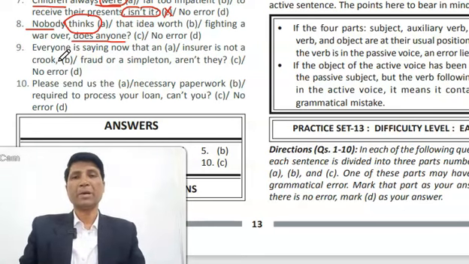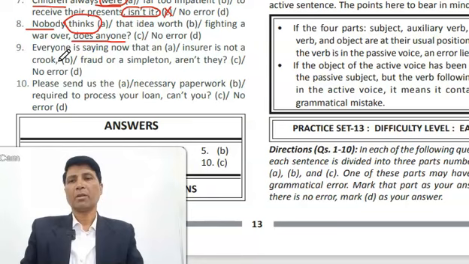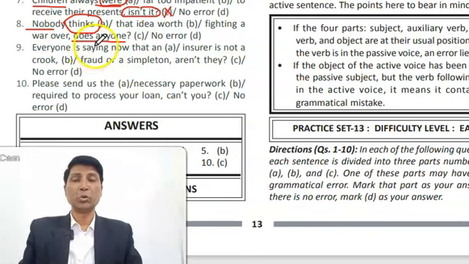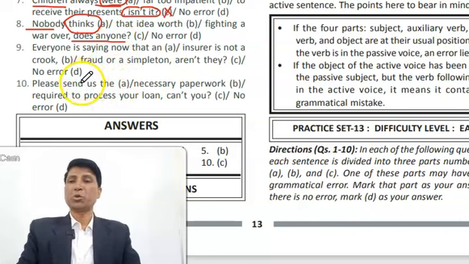And in my conceptual class I have already explained that if the subject of the main statement is a negative pronoun, or even if it can be positive also, so the tag subject should be plural. So in place of anyone, it should be they. So nobody thinks that idea worth fighting a war over. Do they? So in place of does anyone, it should be do they. Now moving on to question number 9.